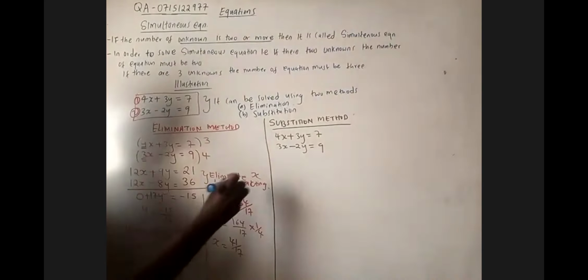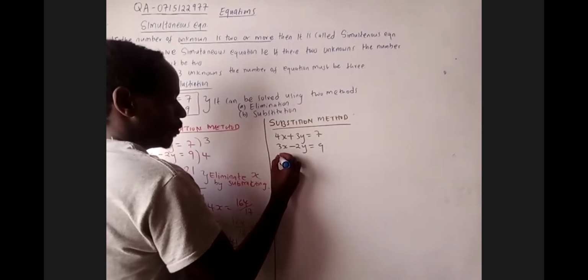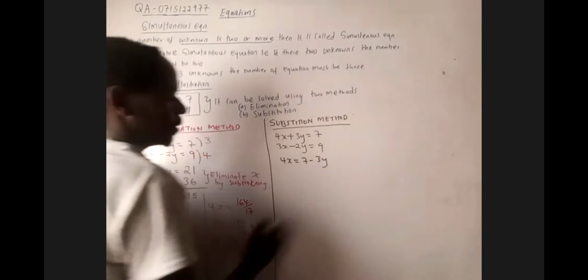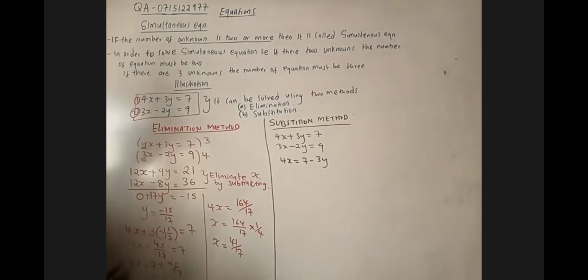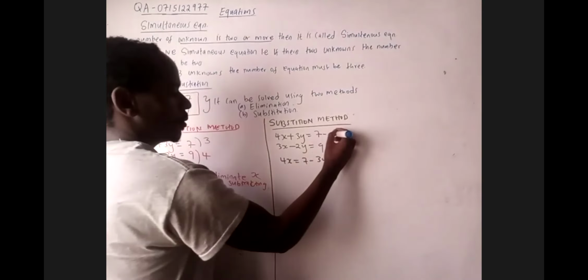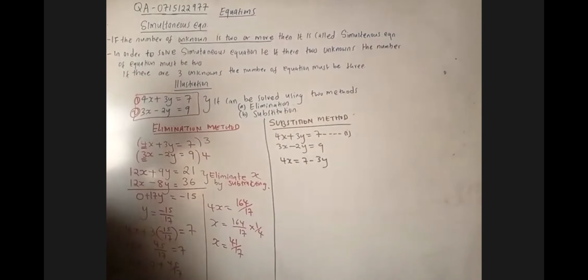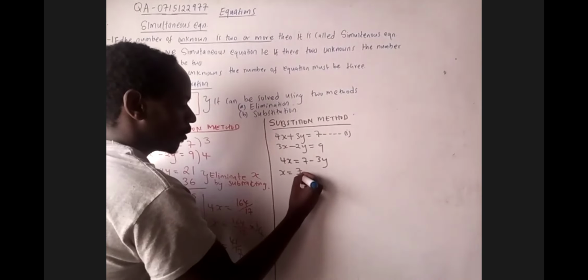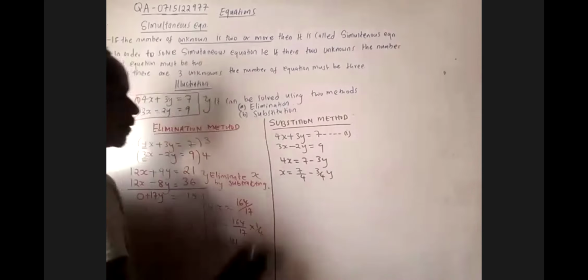Tunaanza na equation 1, tunasema hivi, 4x is equals to 7 minus 3y. Then tunasema x is equal to 7 over 4 minus 3 over 4 y.